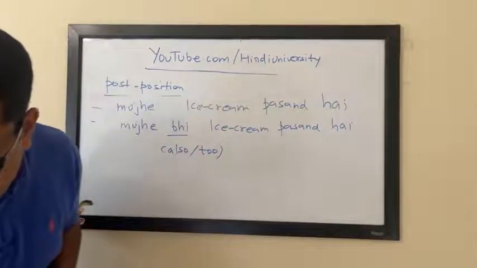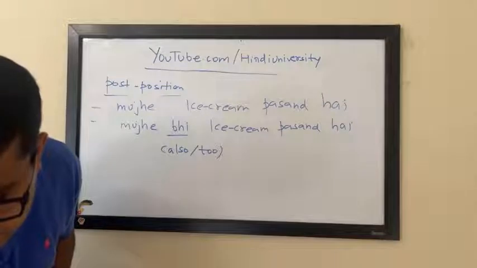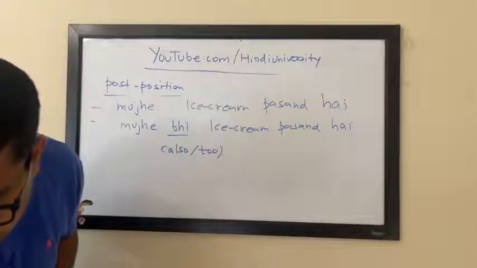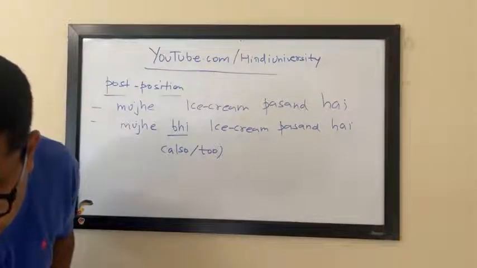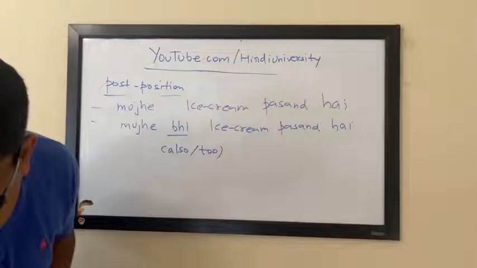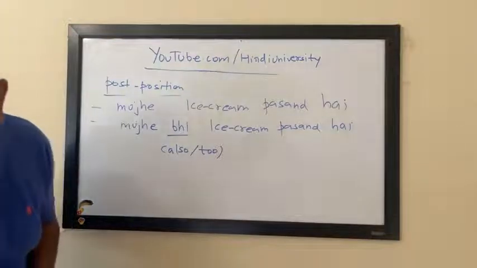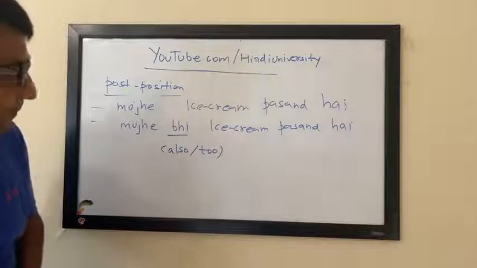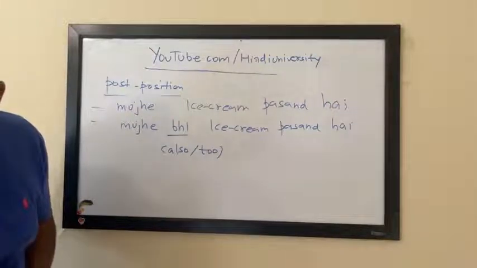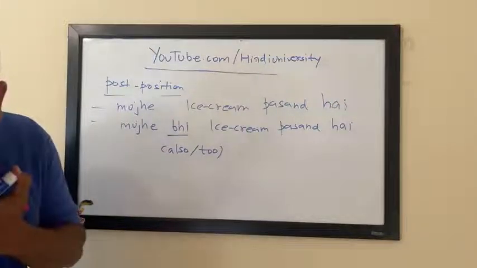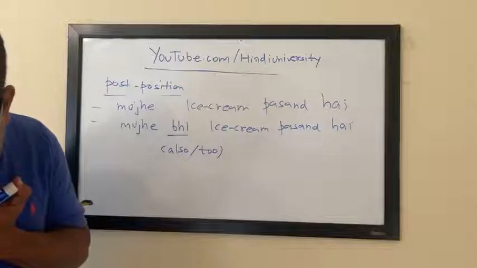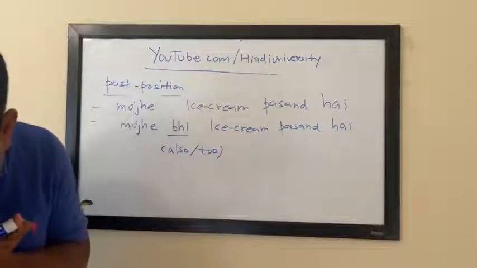In the meantime, let's see who else. कभी भी मिल सकते हैं. Okay, very good. कभी भी मिल सकते हैं. We can meet anytime. Okay. Let's see if I'm going to ask this time.